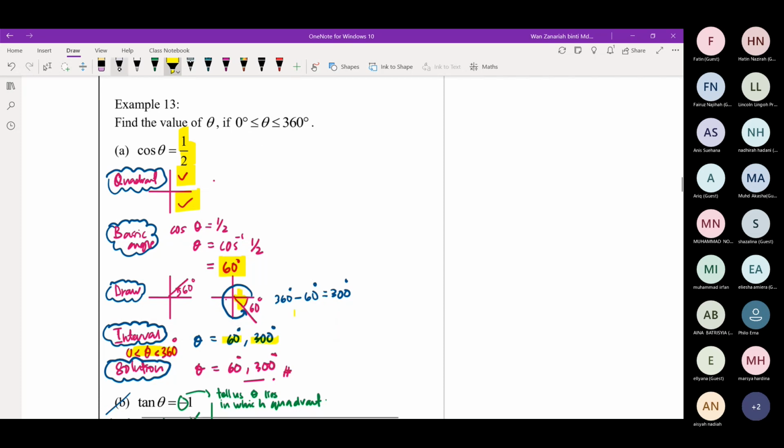But if the question given to you theta from 0 until 720, kalau tadi you ada 60 pada fourth quadrant, you kena rotate sekali lagi. So you bukan sahaja ada 60 tetapi ada 60 plus 360 lagi satu. Pada location yang sama, tapi sekali pusingan adalah 360, betul?